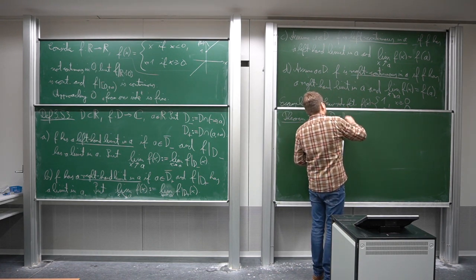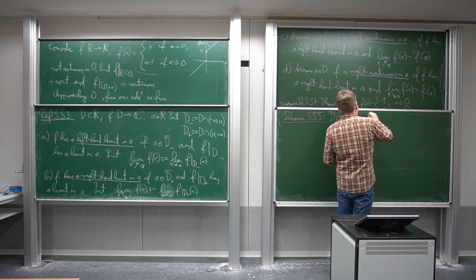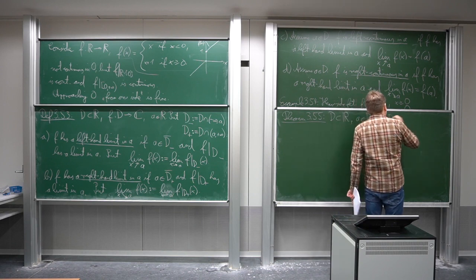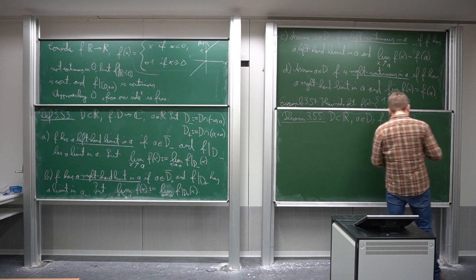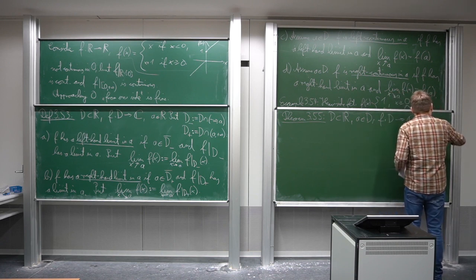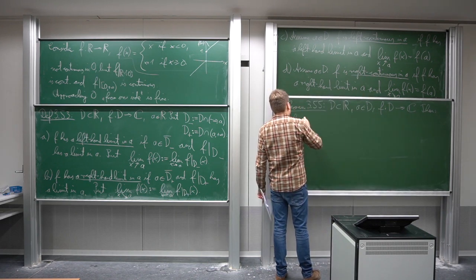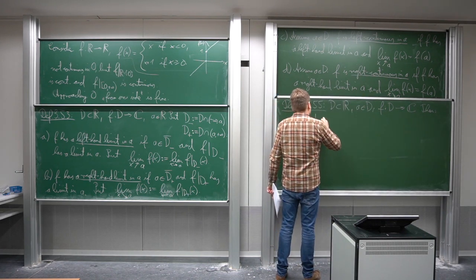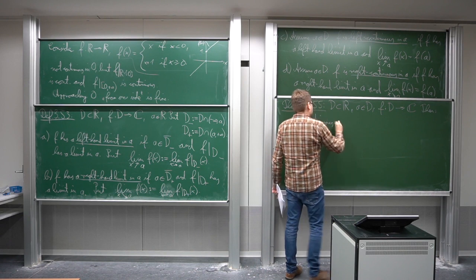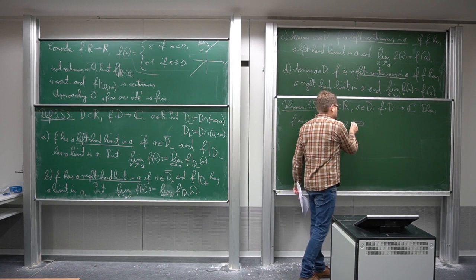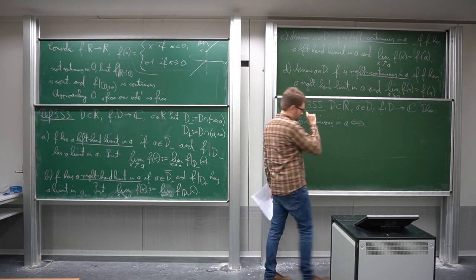Let's say we have a subset D of R, an element A of D, and a function f with domain D and complex values. Then f is continuous in A if and only if it's left continuous and right continuous. So these two together imply continuity.